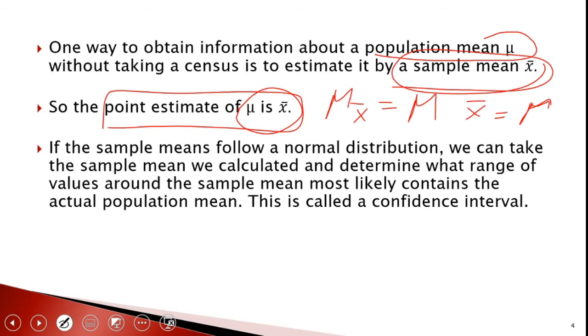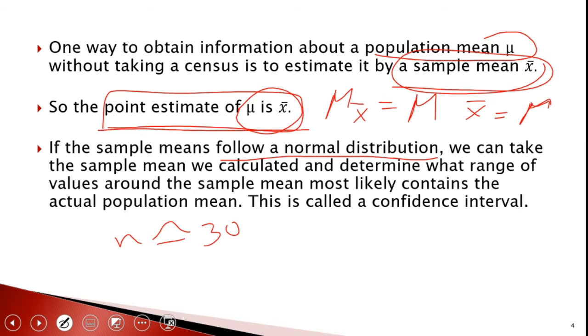Then my sample follows a normal distribution if my sample size n is approximately 30. There is no fixed delimiter, but approximately 30. In this case, sometimes we can use just a point estimate, just a value.